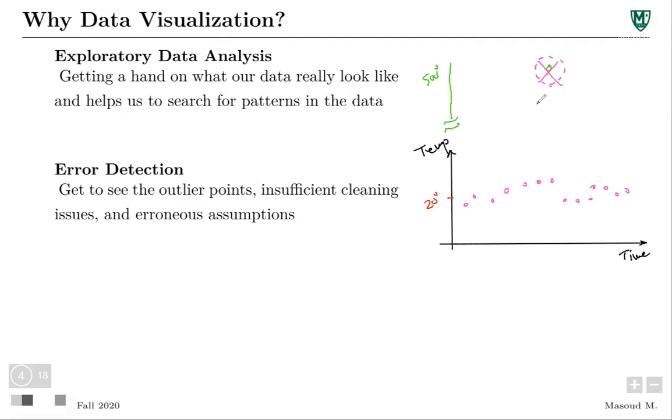Right? Or maybe one other thing would be you realize that you made a wrong assumption about the experiment, right? Let's say the temperature starts around 20 degrees for your experiment, and then suddenly it goes up, right? It keeps going up. By looking at this plot, you realize that it goes up and then comes back and keeps fluctuating around 20 degrees.